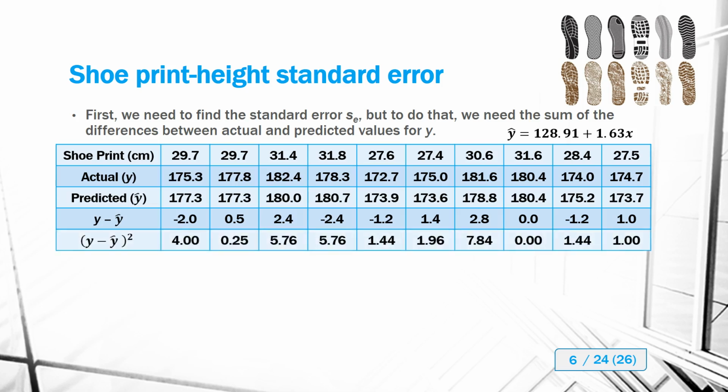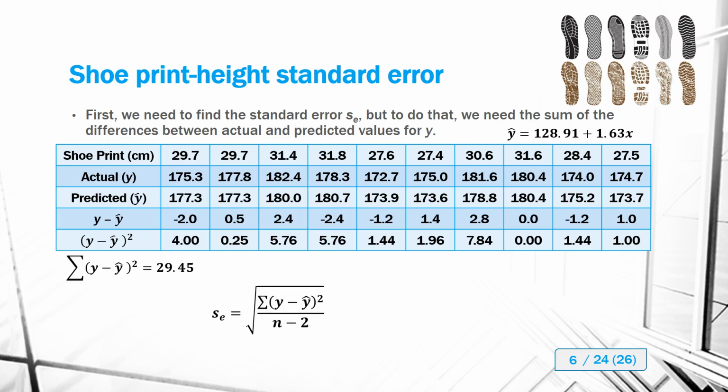Now, if I square each of those differences, I get the extra column that you just saw come up onto the screen. If I then take all of these squares of differences and I add them together, I get 29.45. This is the sum of the squares of the differences between the actual and predicted y values.